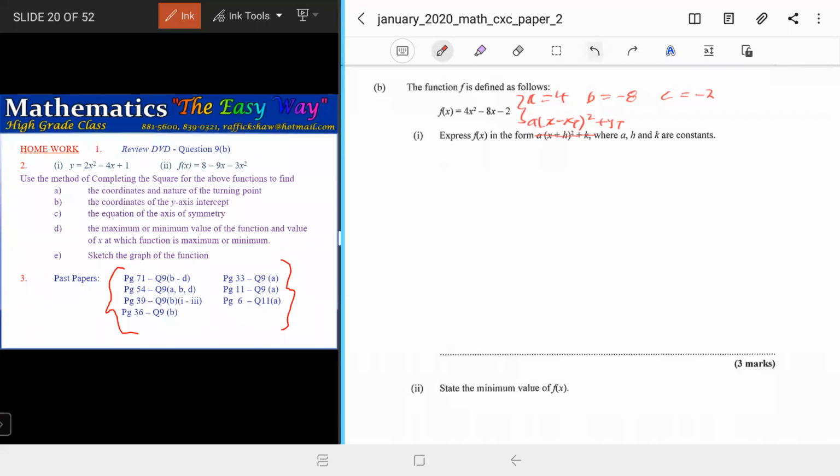So I'm going to say my xt is minus b over 2a, and so it is negative minus negative 8, because b is negative 8, so it's minus negative 8 divided by 2 times a, and a is 4. That becomes positive 8 over 8, which is 1.